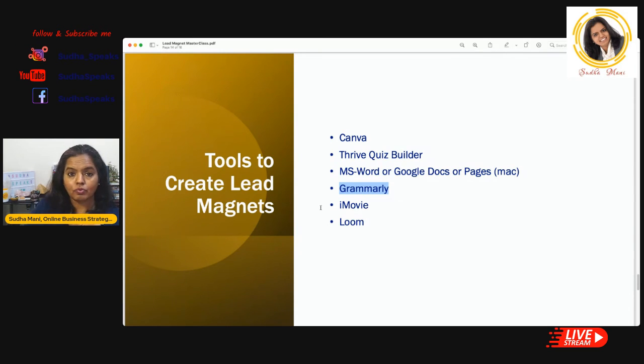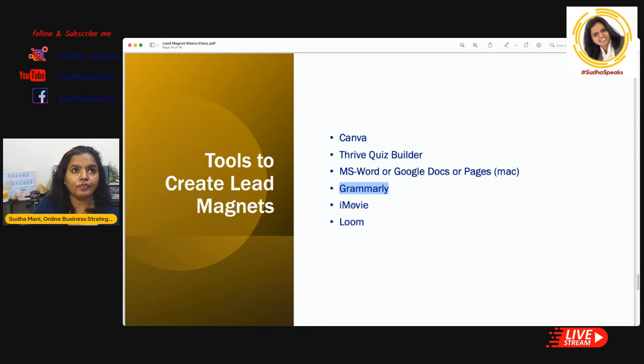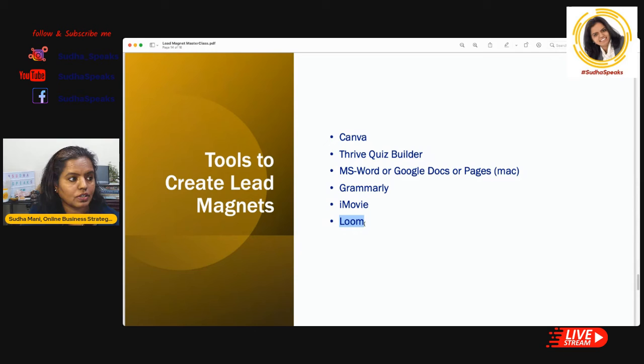And iMovie, if you're creating video classes and stuff like that, is free, for Mac. If you've got a Windows platform, you've got a Windows version of iMovie. And Loom, if you're sharing your screen like this, is another one which you could use, and it will make it a lot easier for you.